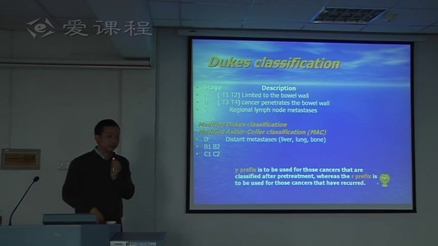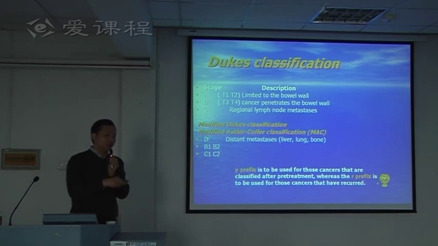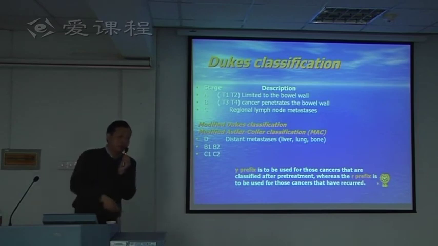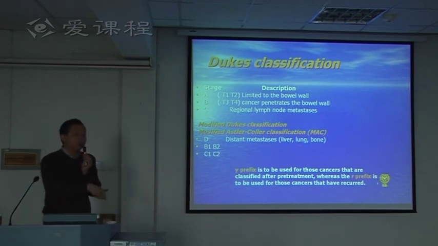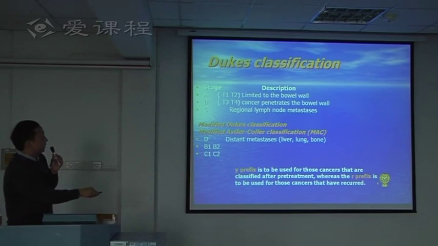Yes, it's only limited to that system. So nowadays, in our department, we use mostly TNM staging. But in some literature, in some countries, they like to use this one. So we should know there are 2 different ways. The second site for distant metastasis is the lung.